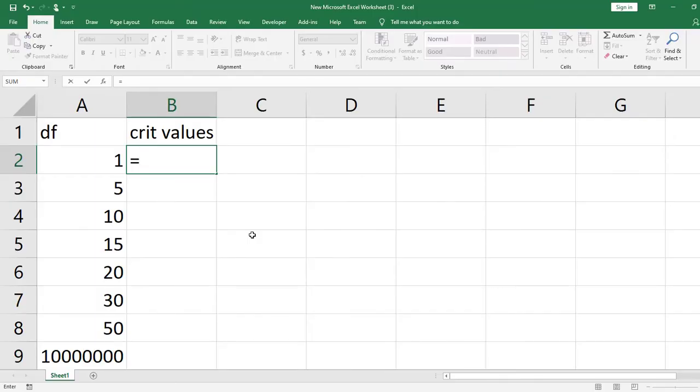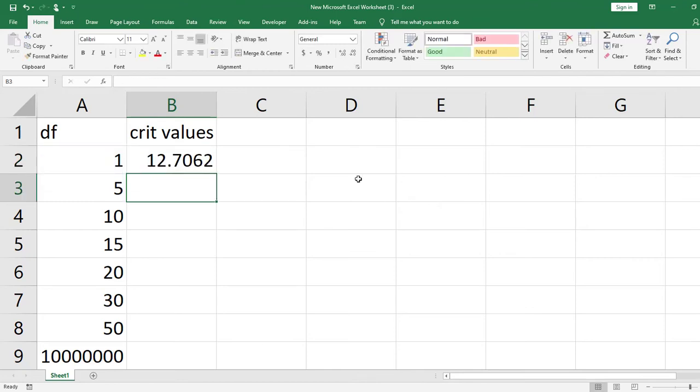So I'm going to start with t invert, and you see our t inv and t inv 2t. So let's use the 2-tail test. The probability we'll set at 95% or 0.05, comma, and then we'll select degrees of freedom. And you get a huge value, which should not surprise us at all.